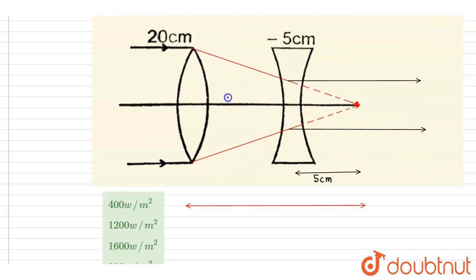Since we know that when parallel rays strike a converging lens, after passing through the lens, it meets at the focal point, right? So it is 20 centimeter. So from the similar triangle, you can get the radius of the two, right? If I say this is capital R and this is small r, you can get the relation between them, right?